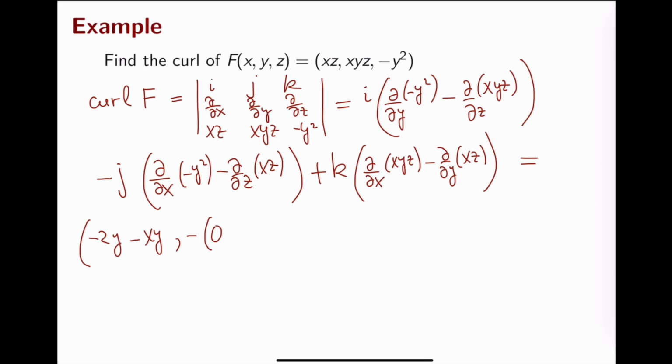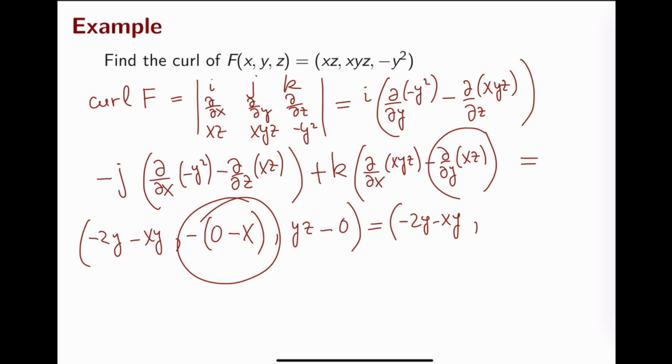Because y squared is constant with respect to x. Minus the derivative with respect to z of xz is going to be just x. Comma, the third component is this derivative. The derivative with respect to x of xyz is just yz, minus the derivative with respect to y of xz is just 0. And so the vector is minus 2y minus xy, comma, this is minus minus x, this is just x, comma, and this is yz.